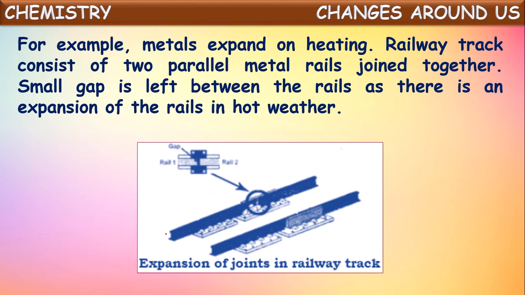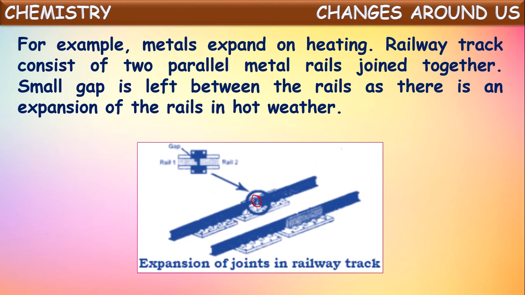If you observe these metallic rails, at the joints they leave some small gaps between the rails. This gap is left intentionally because these rails are made up of metal, steel. In hot weather, these metal rails may expand. When they expand, this gap will be filled.